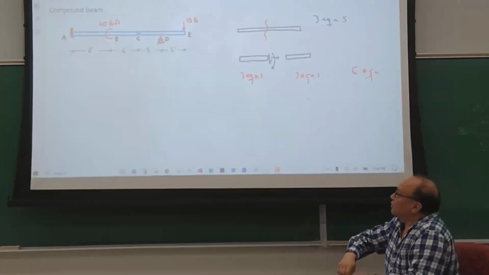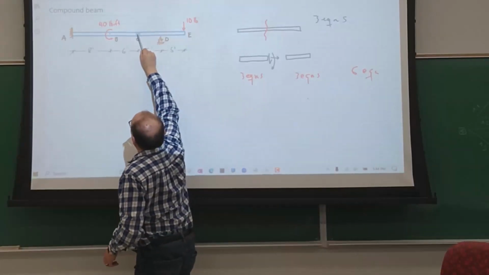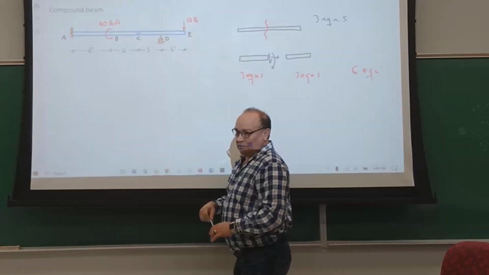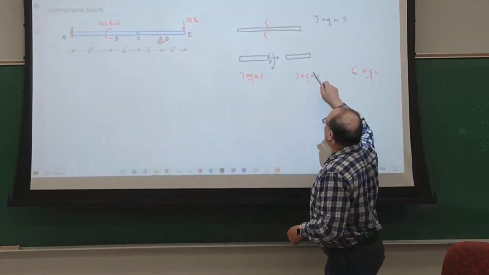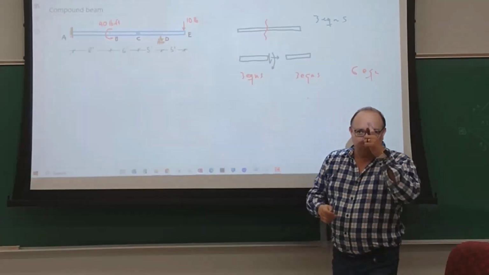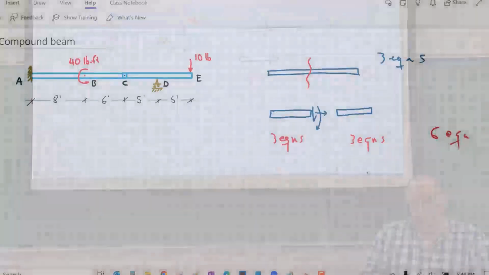The advantage of something like this is that if this is a pin, when you cut here, there is no moment unknown. So you gain 3 equations, but you only get 2 additional unknowns. So you get 1 equation extra to use to calculate reactions.